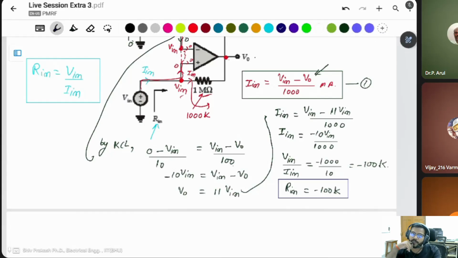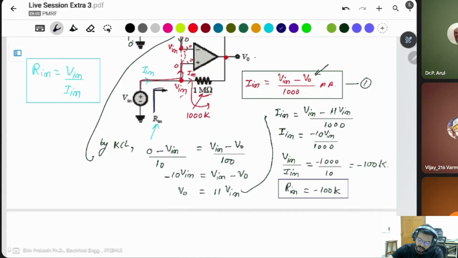In this case, the op-amp is working like an amplifier. Some value may be amplified. It is possible that the current direction is such that R in may be negative. Because the direction is not given, only the R in direction is given, that's why I took this as a negative answer.